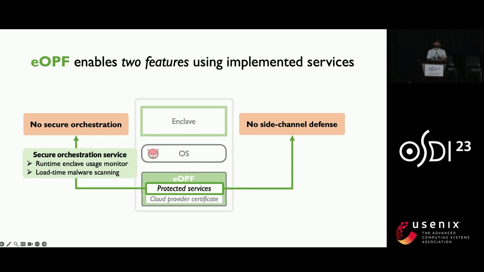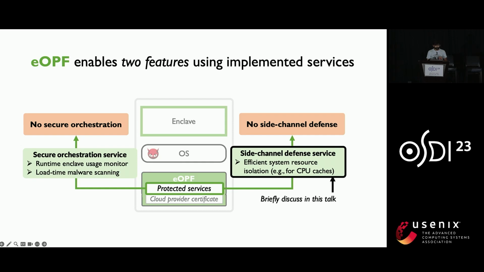It also allows the feature to scan the initial enclave code for malware signatures to prevent a user from loading malware into the enclave. The other service we built provides strong side channel defense against a range of attacks against the operating system. While I'm happy to discuss each of these features offline, in this talk, I'm only going to briefly discuss the side channel defense service.